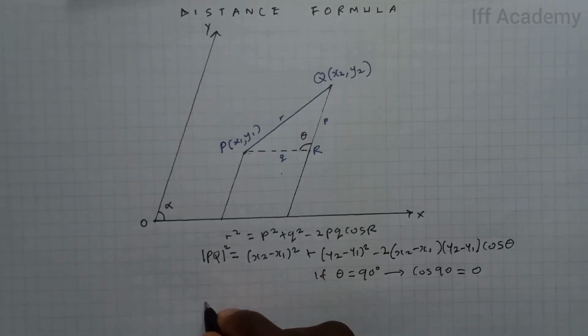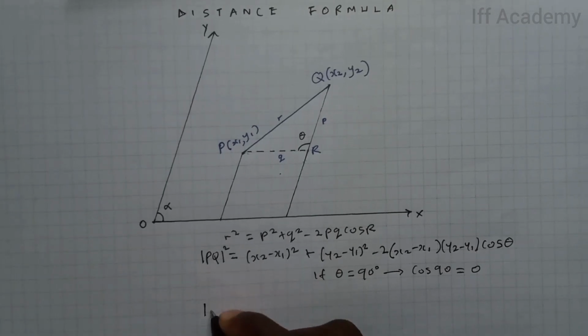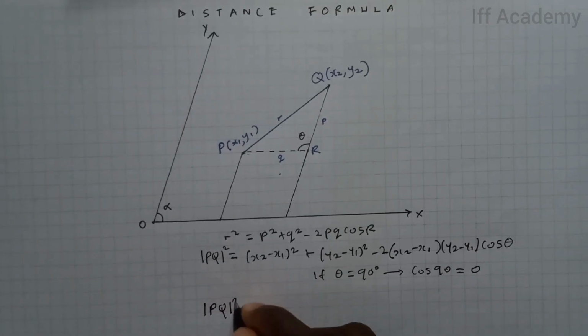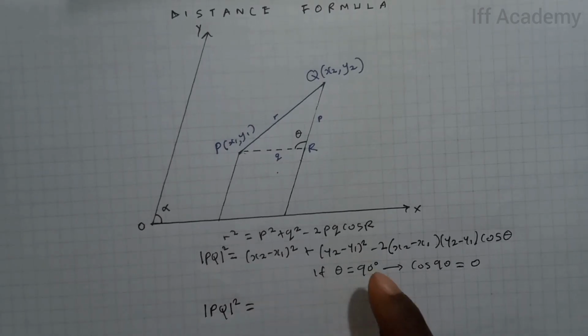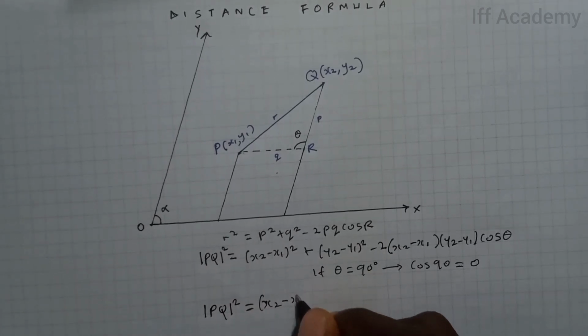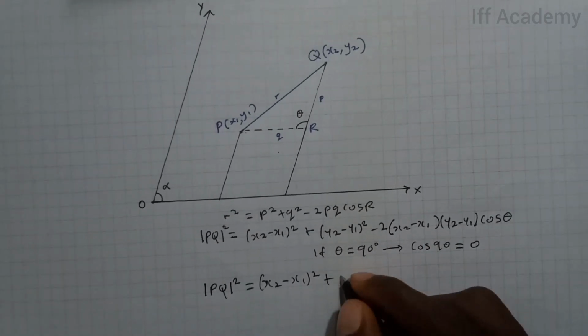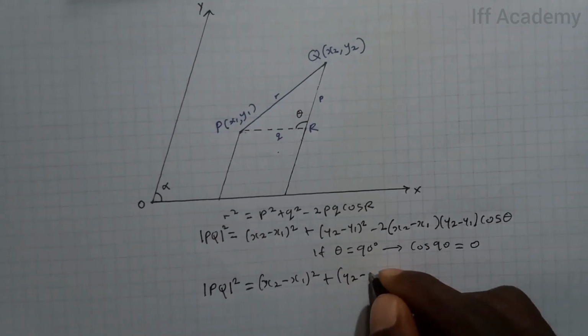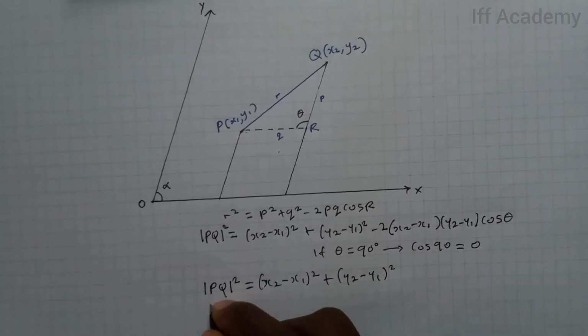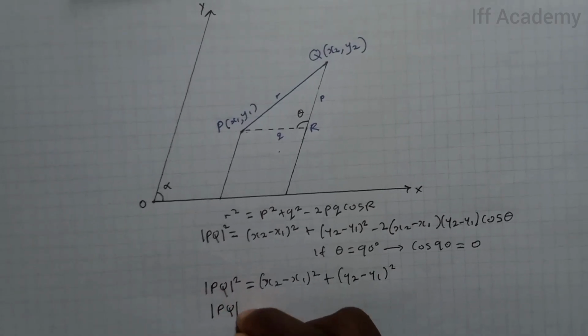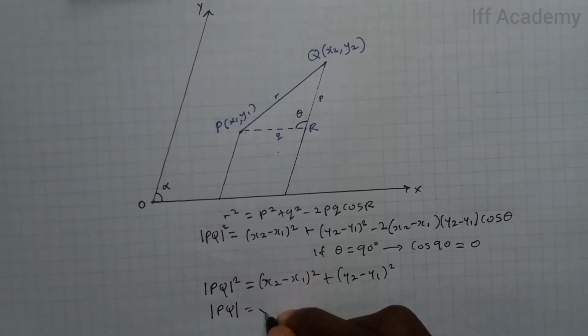And then the distance formula now becomes PQ squared is equal to (x2 minus x1) squared plus (y2 minus y1) squared.